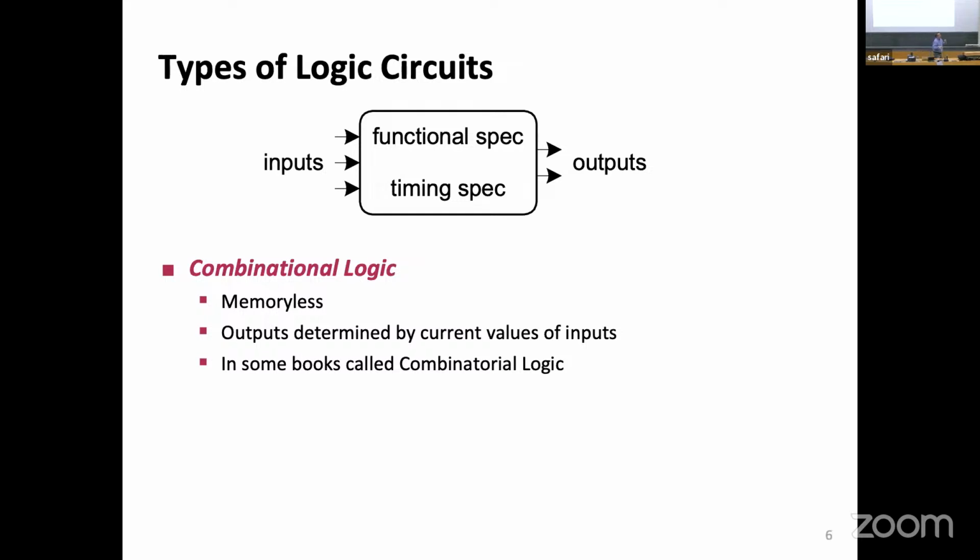Now, every digital circuit is made out of 2 different types of logic circuits. We are talking about digital circuits. So number 1, are the combinational circuits which we are studying this week. In some textbooks, you will hear combinatorial.